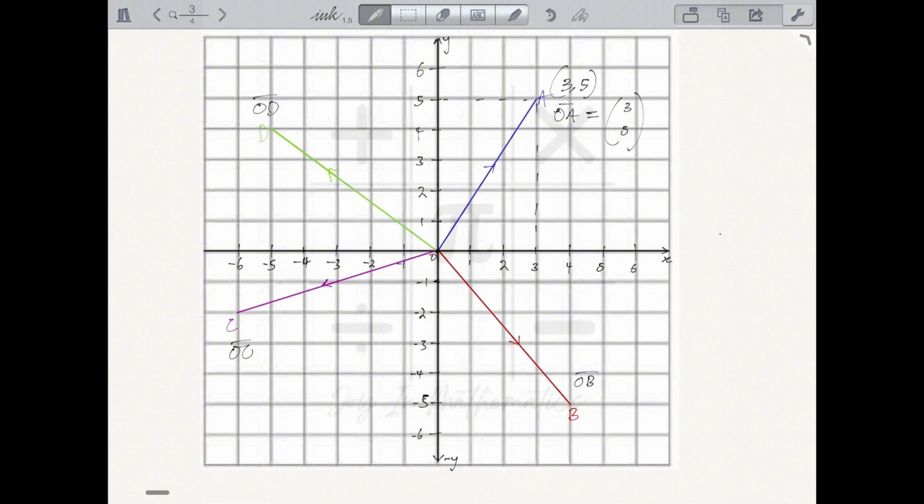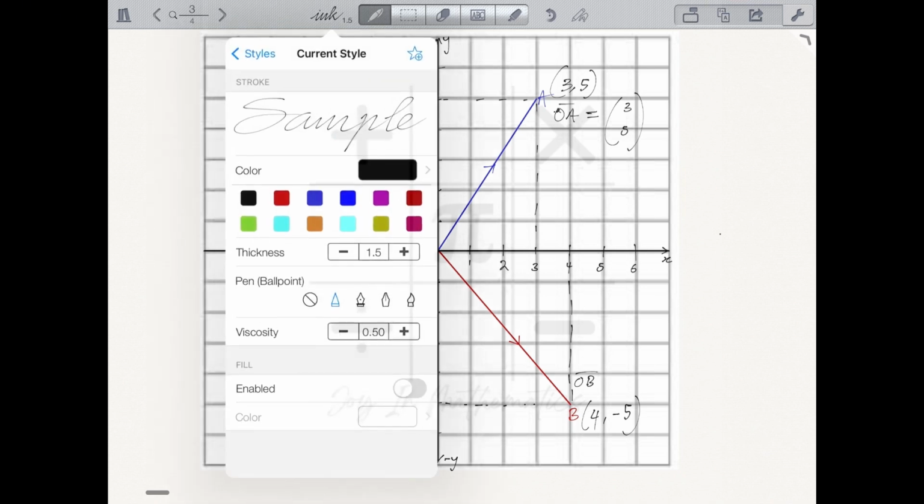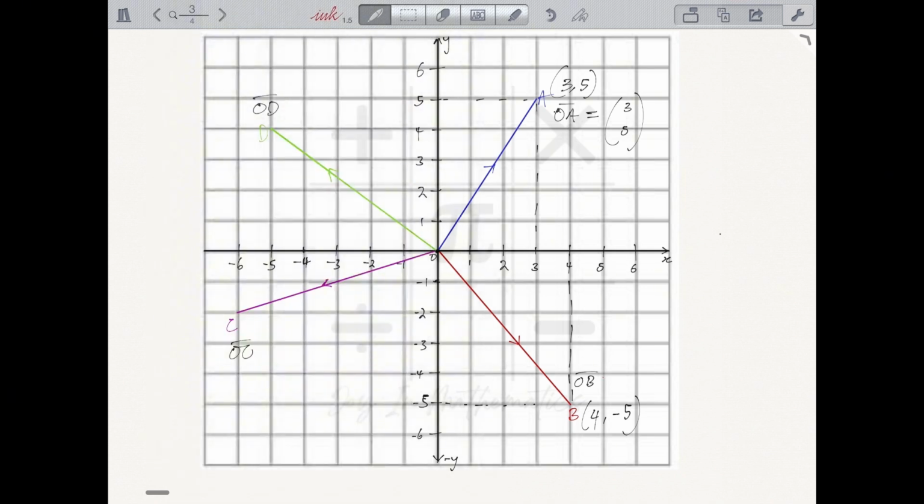Now OB has x-axis coordinate 4, and on the y-axis is given as what? -5. So we can say that OB has a position vector of 4, -5.